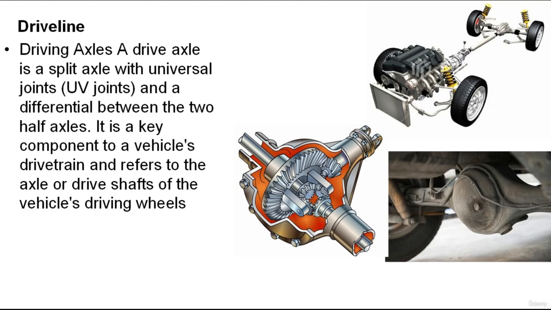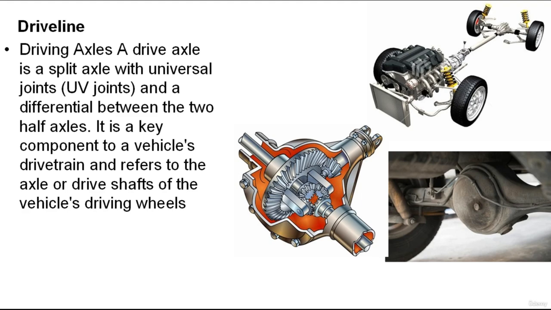A drive line consists of a hollow drive or propeller shaft that is connected to the transmission and the drive axle differential by universal joints, or U-joints. These U-joints allow the drive shaft to move with the movement of the rear suspension, preventing damage to the shaft.